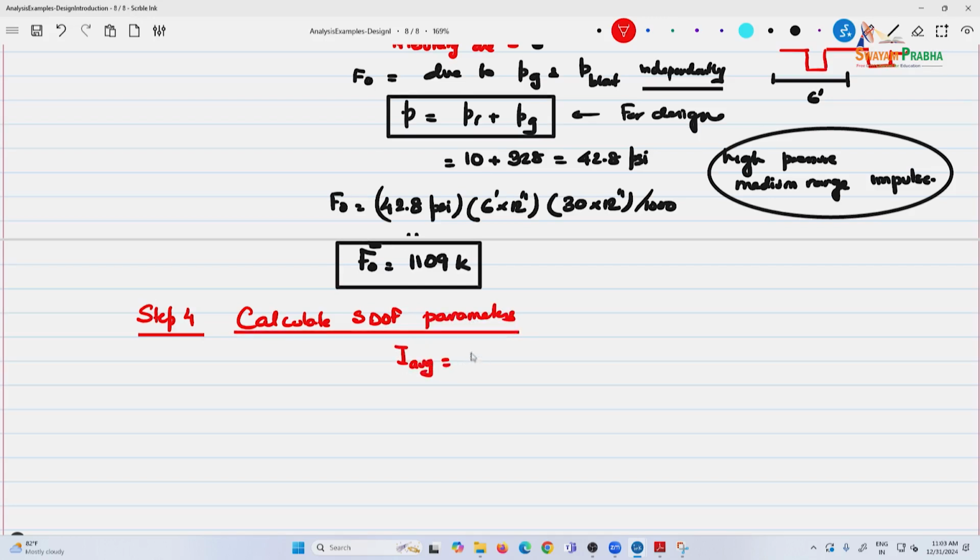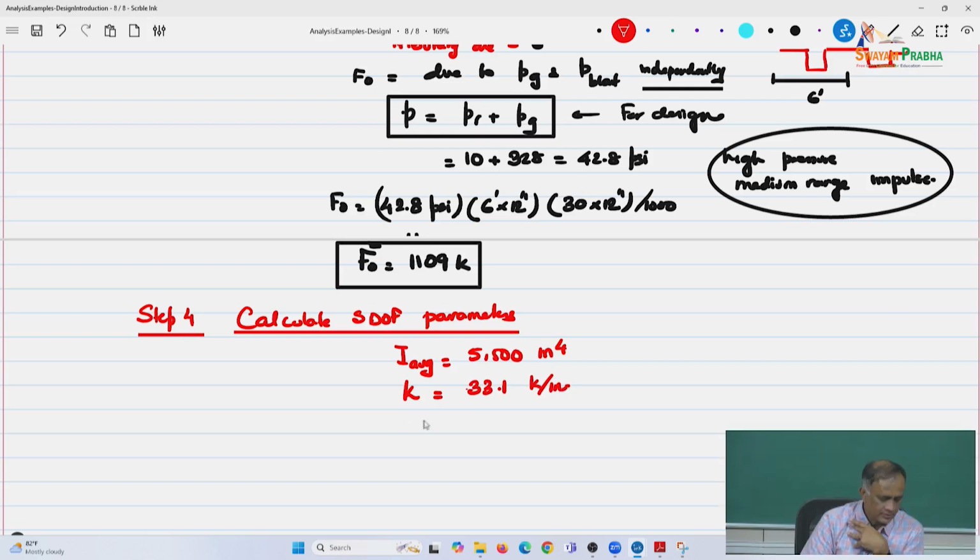I average is 5,500 inches to the 4. The K is given to be 33.1 kips per inch. The mass is given to be 27. So these are all given.